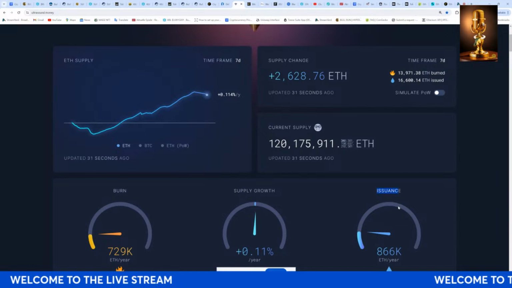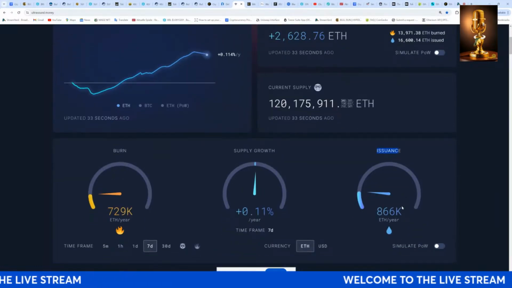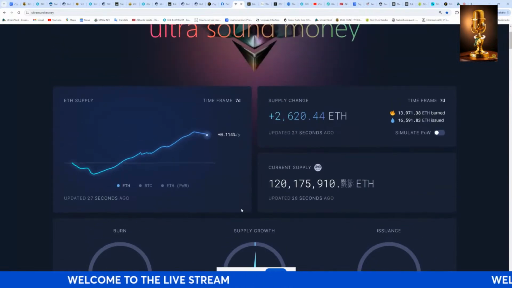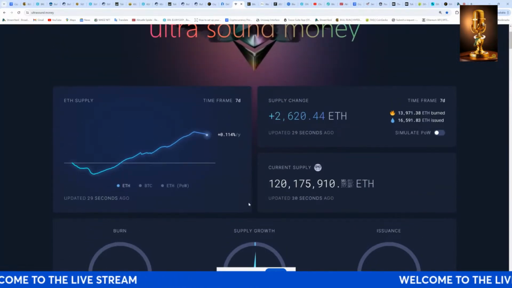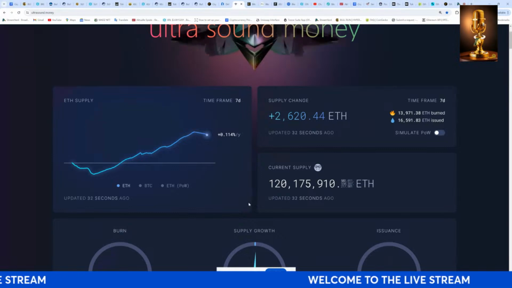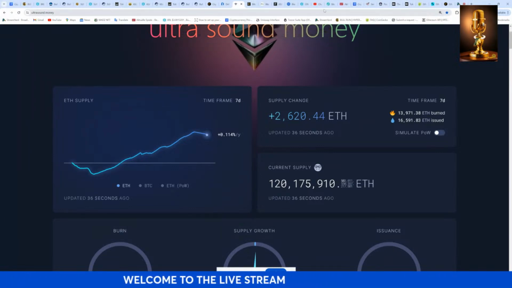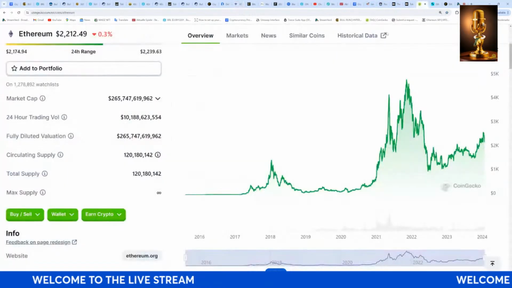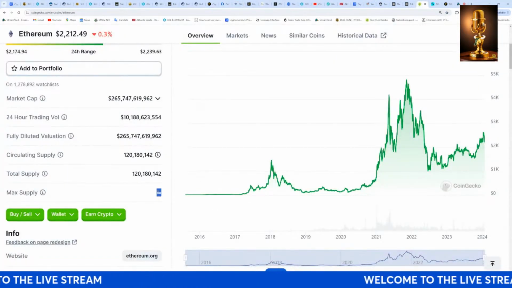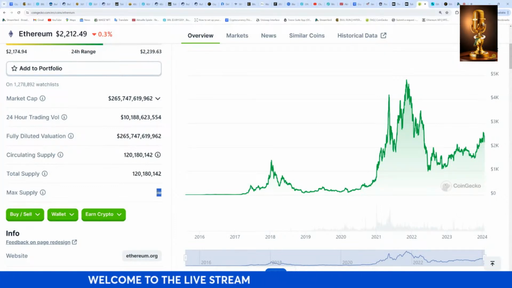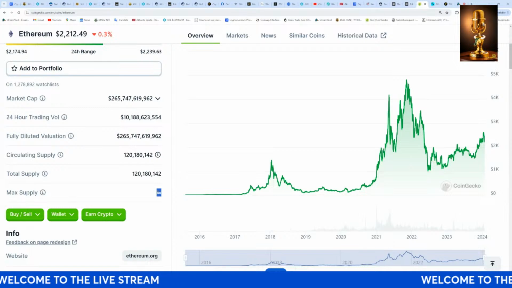So you see it issues 866,000 tokens a year, but it only burns 729. So currently, because of lack of high usage of the platform, it is inflationary. And because it has an unlimited supply, this can be very dangerous for Ethereum, because this can cause it to be extremely inflationary, especially getting into our third token that we're about to look at.